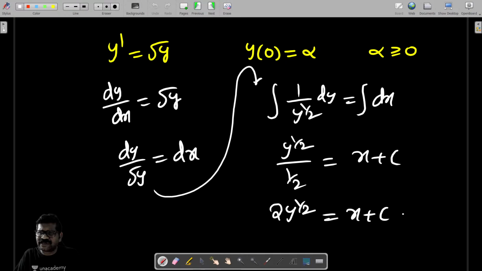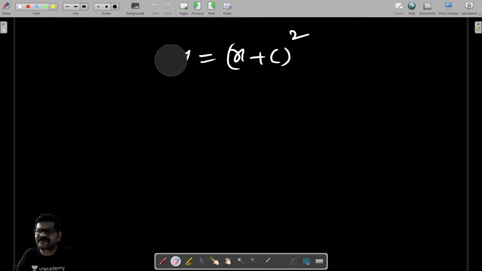Or otherwise, you can write like this: 2 into y power 1 by 2 equal to x. From this, you can write 4y equal to x square. Understood?